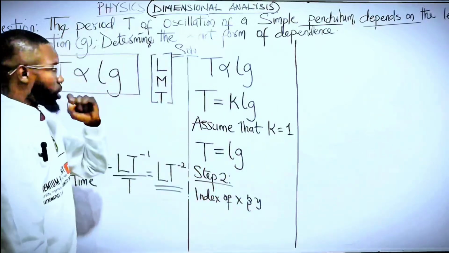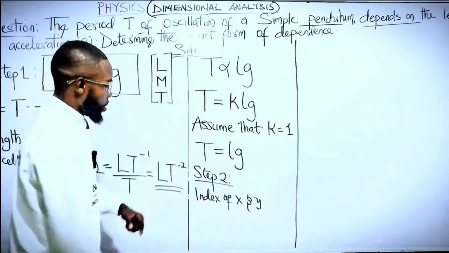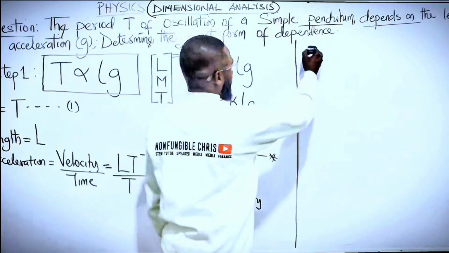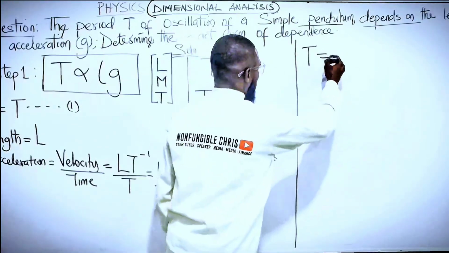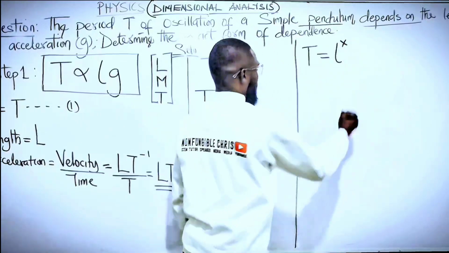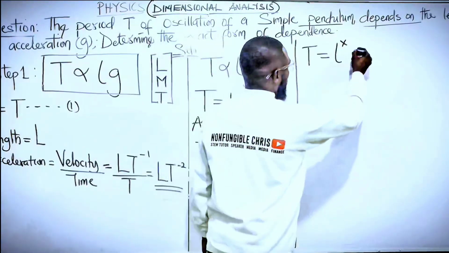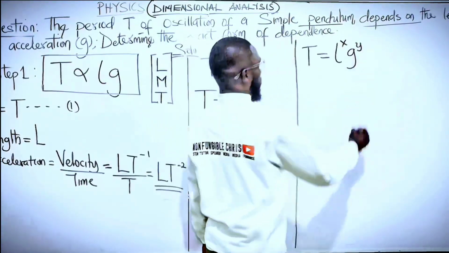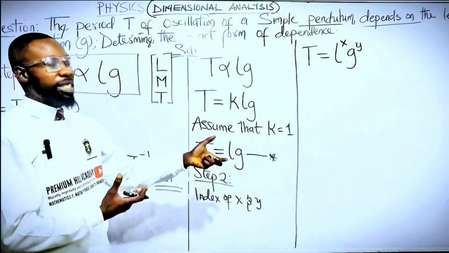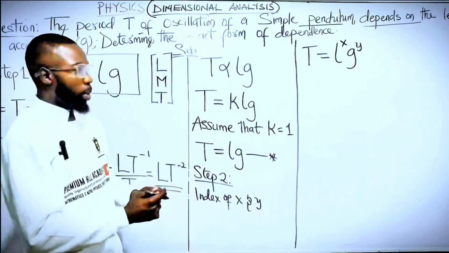Fix the indices for what we have here. So with this, we're going to have T is equal to L raised to the power x, and then g raised to the power of y, right?